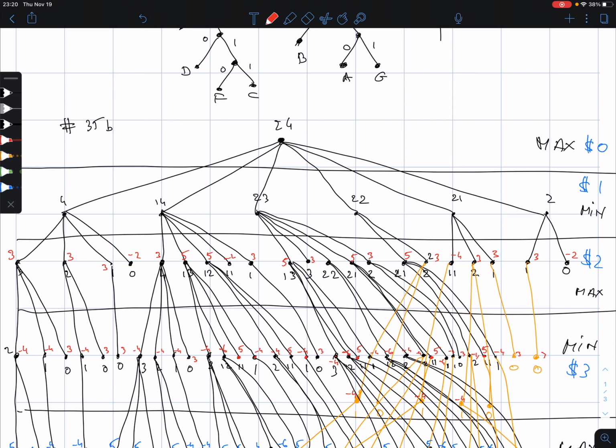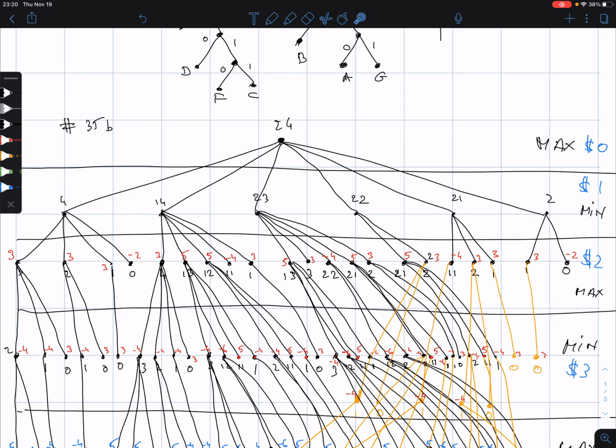The 2 2, I haven't done 2 2, which actually only had two children, a -6 child and a -4 child. Oh, they are not good. So the maximum here would be -4. And I think I kind of got everything. All right. If we don't have anything, then we'll fill it up later.